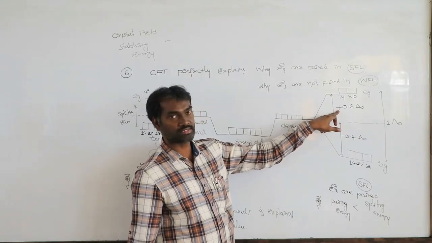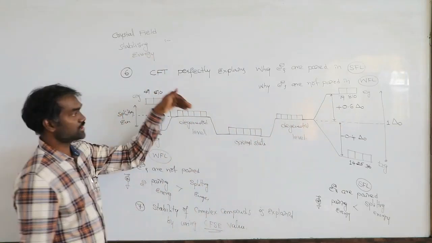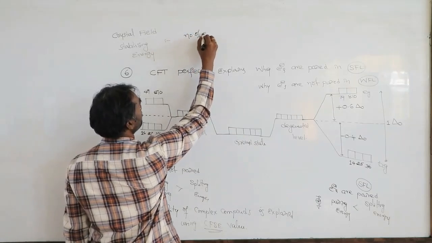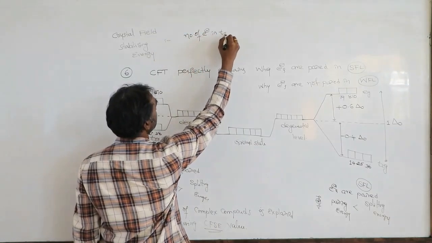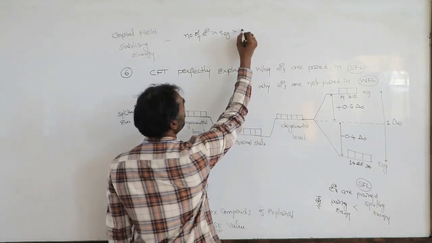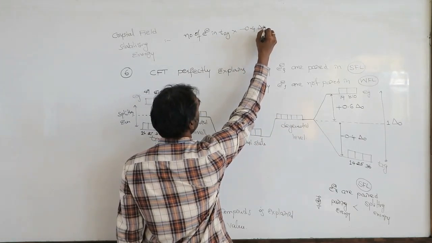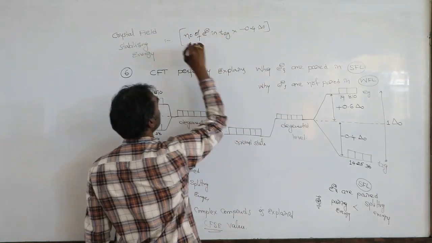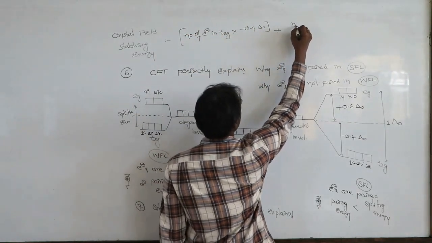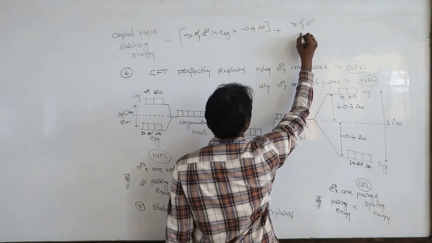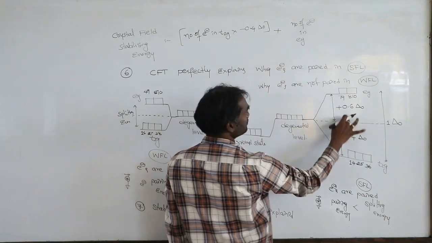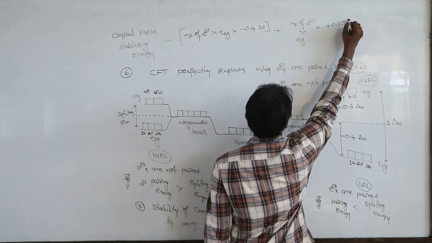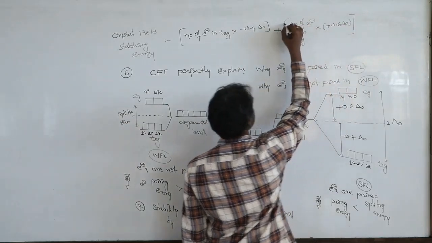This indicates the plus. So now, CFSE values: how they are taken means number of electrons in T2G into minus 0.4 delta 0, plus number of electrons in EG orbitals into plus 0.6 delta 0.